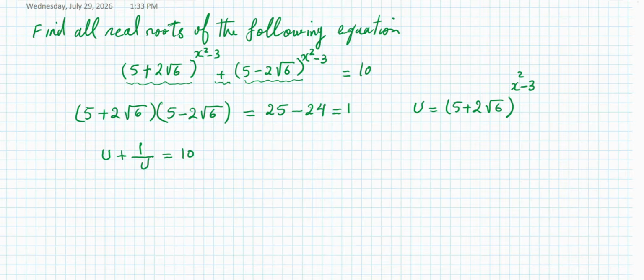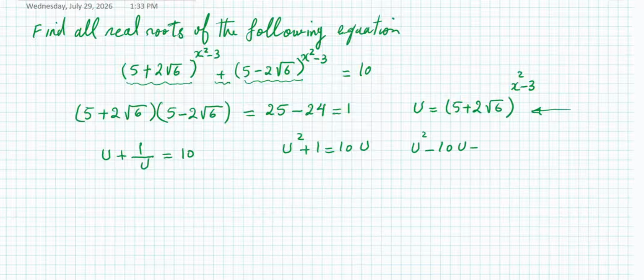And here we know that u cannot be 0 from this equation. And we multiply both sides of this equation by u. So we have u squared plus 1 is 10u, or u squared minus 10u plus 1 is equal to 0.